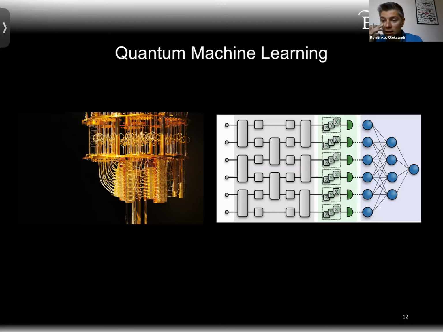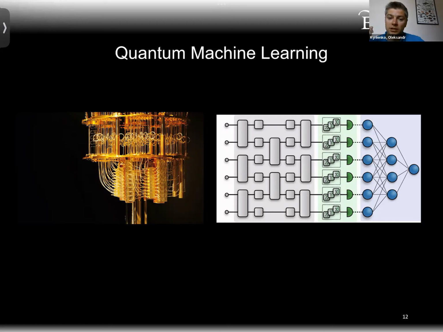So with this, let me pause a little bit and ask if there are any questions. And what I would like everyone to do is go to the chat and write your opinion. What do you believe will be the most promising use case of quantum computers?